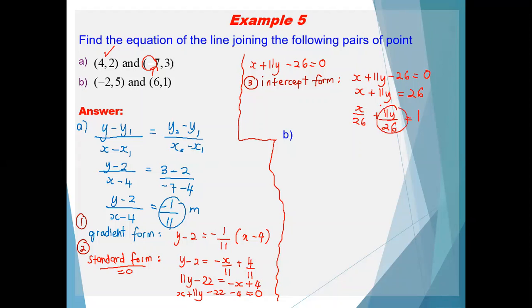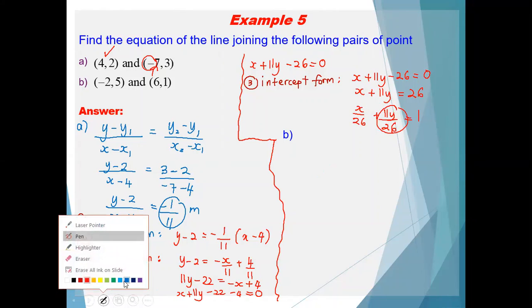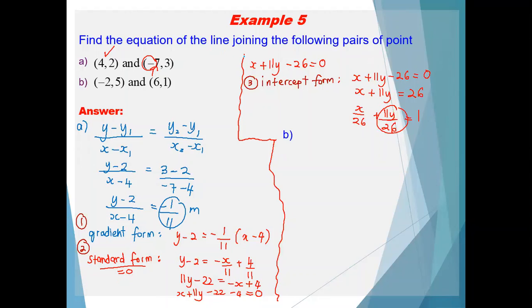Tapi kat sini ni belum lagi. Sebab apa? Sebab intercept form adalah, okay, let's recall x over a plus y over b equal to 1. So ini belum 1.